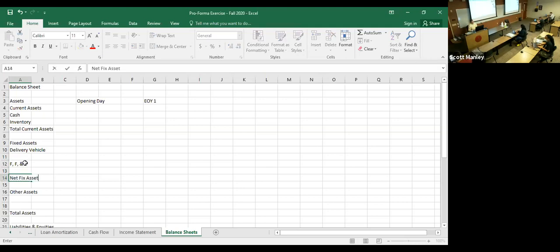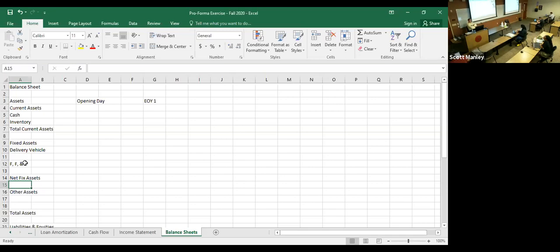There's a very specific reason that I'm using the term net fixed assets instead of total fixed assets. When I use the term net, what does that mean? Difference, right? There's a minus sign in there, okay? And what do we subtract from the value of our delivery vehicle and from the value of our furniture and fixtures and equipment?